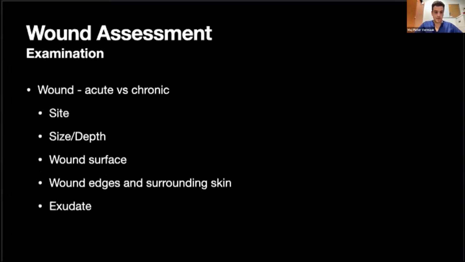Is it something that's been there for a long time? And then note, what's the site? Where is it? And how is that important? Is it close to a special area? Is it close to the eye? Or is it on the back of the arm, back of the leg? That changes how we're going to manage that. The size and the depth, as we've explained earlier. The wound surface. What does it look like? Is there necrotic tissue or eschar, or is it granulating up from the bottom?